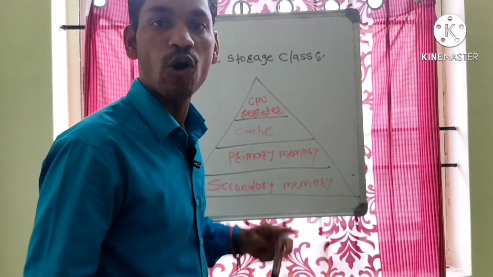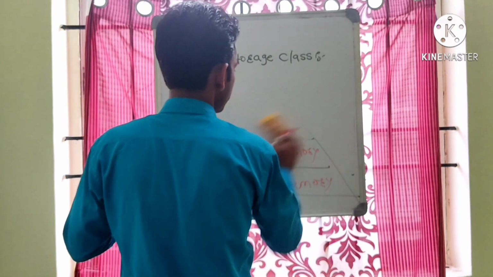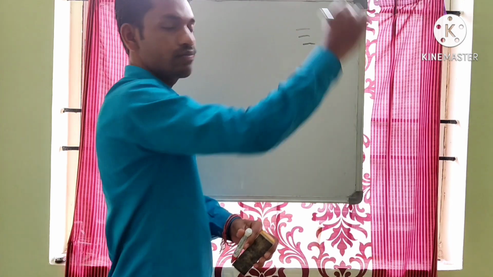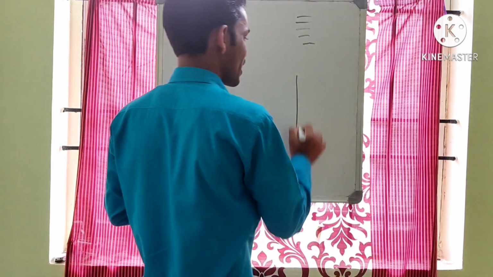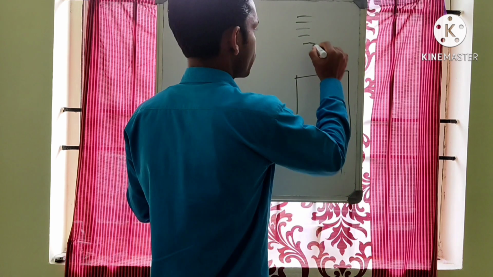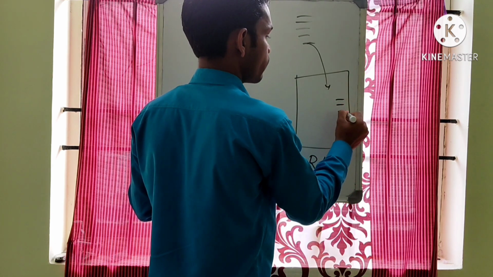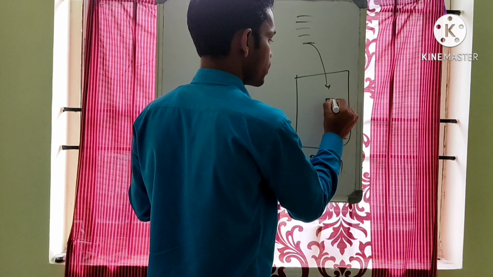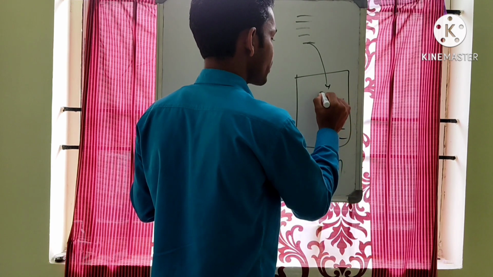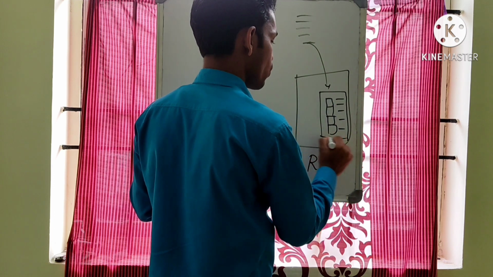I will tell how. Suppose my program is something. Here is the RAM. The program is loaded inside the RAM. There are some memories here: stack section, data section, and this is for the code.